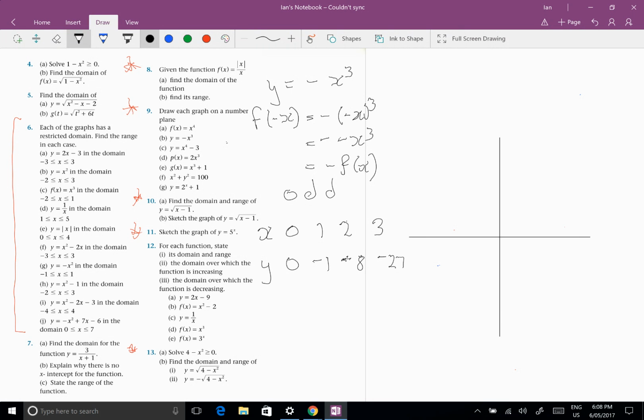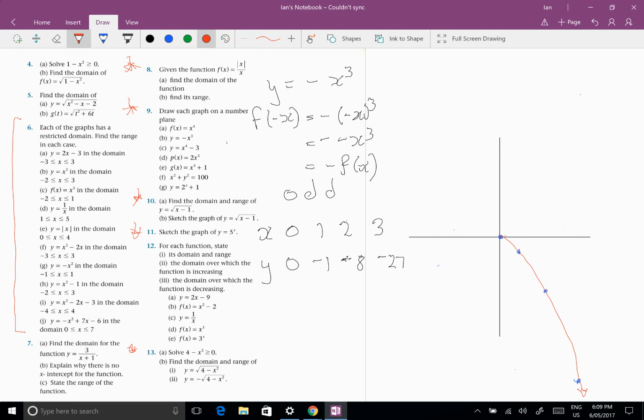Now that's enough. Let's put these points on. So we've got 0 and 0, 1 and negative 1, 2 and negative 8, and 3 and negative 27. It's not to scale, but it's going to be way down there. Join these.